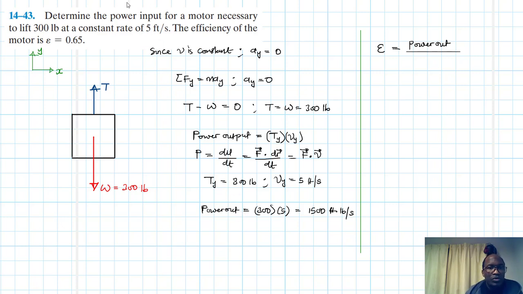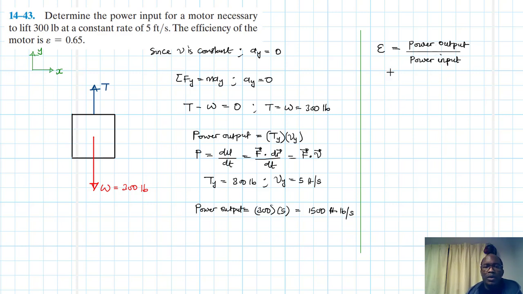This was supposed to be power output, I didn't write it properly. So this is power output to power input.